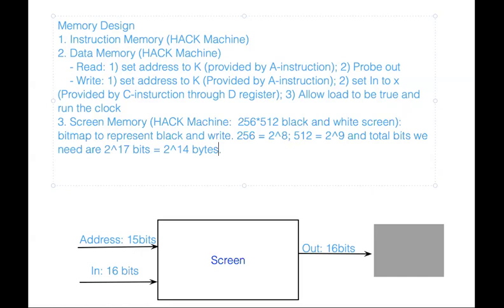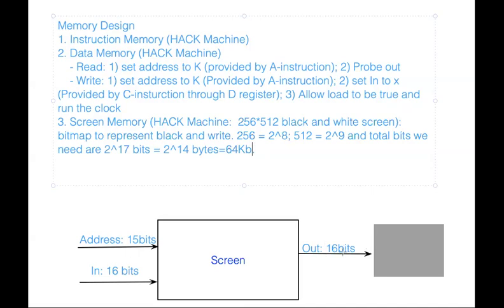So actually what we need is 64 kilobytes. Still remember our storage for our memory: each output will be 16 bits, 2 to the power 4.